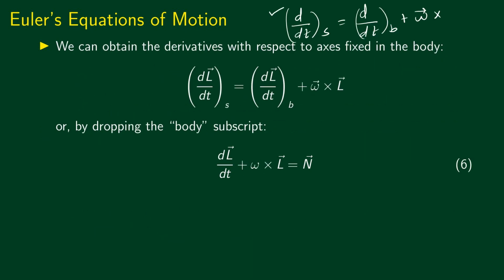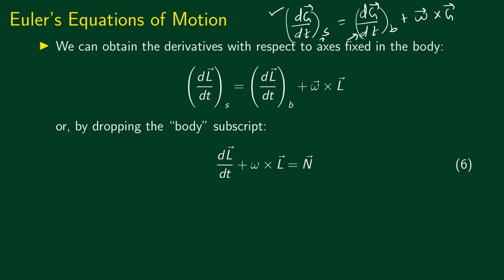We can now make use of this equation relating the time derivative of a vector in the space set of axes to the time derivative of that vector in the body set of axes. So according to this equation, the time derivative of some vector G in the space set of axes is equal to the time derivative of that vector in the body set of axes plus omega vector cross G vector.